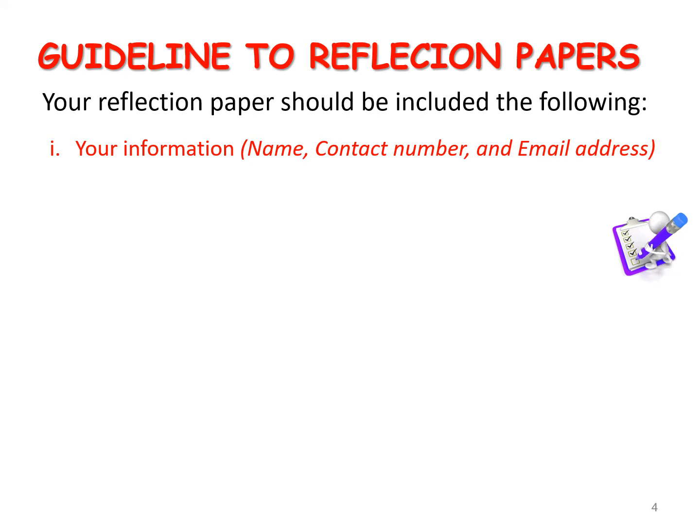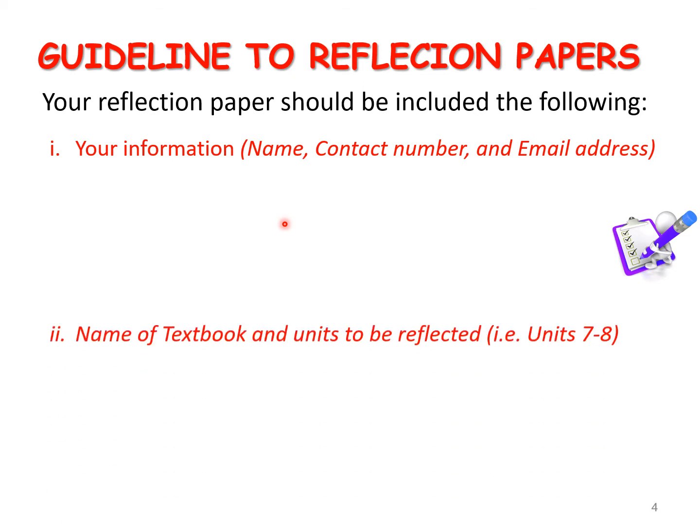For example, you just put something like David Love, but your real name is Bupa. So you need to put your real name on that reflection paper in case I may lose track of your name.